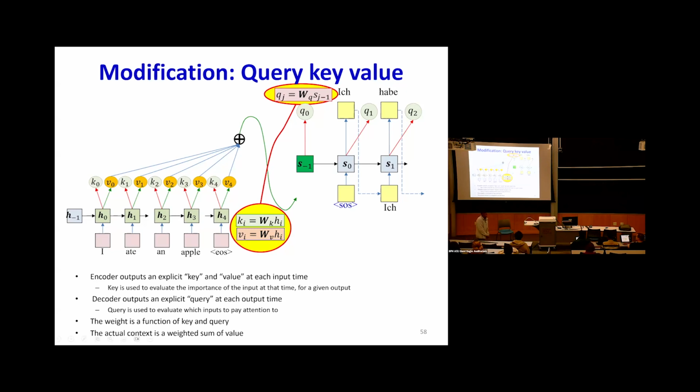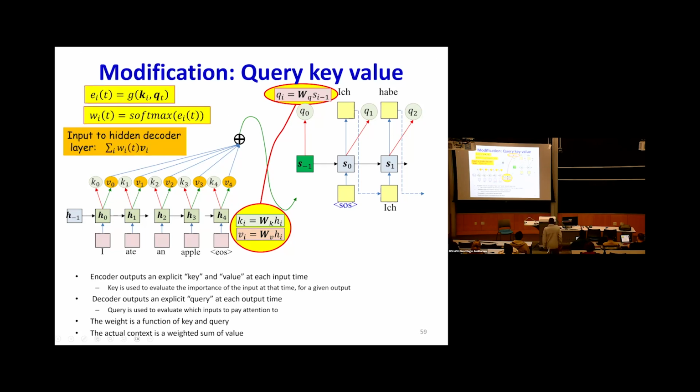Again, you expect the K to represent information at a coarser granularity than the V itself. Now, this is how it's normally implemented. Our raw attention weights are now going to be functions of the key and the query, but the actual context is going to be a weighted sum of the values, right?